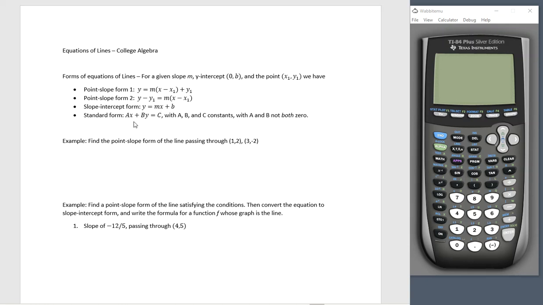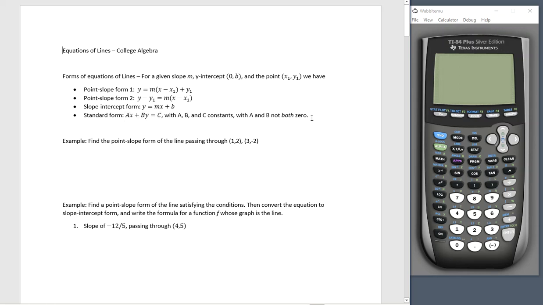We also have the standard form, and it seems as though the standard form varies depending on which textbook you're using. And so I'm going to give you a more general definition of this. Standard form of the equation of a line is ax plus by equals c, with a, b, and c constants, our x and y, our general variables here.